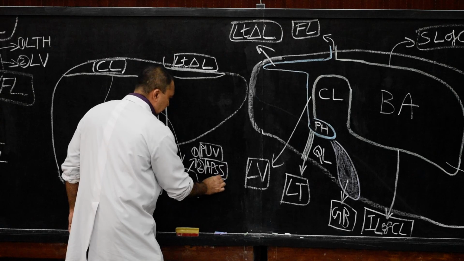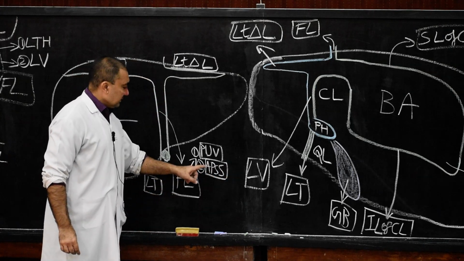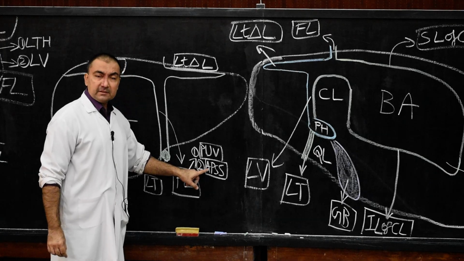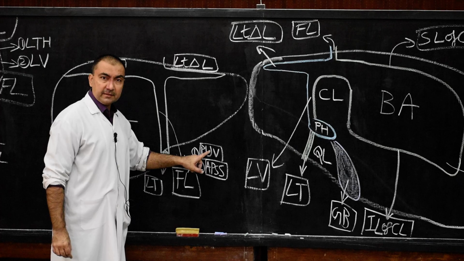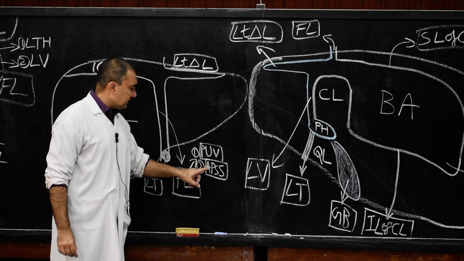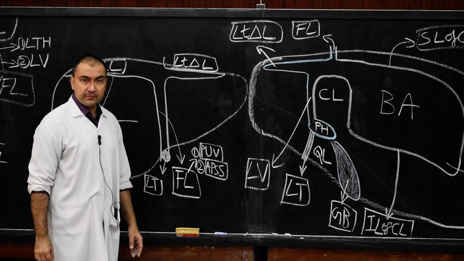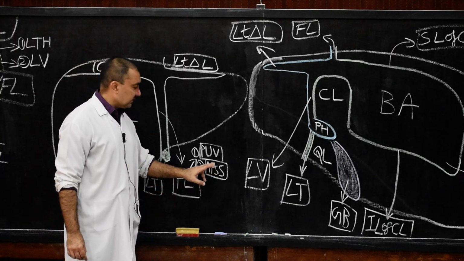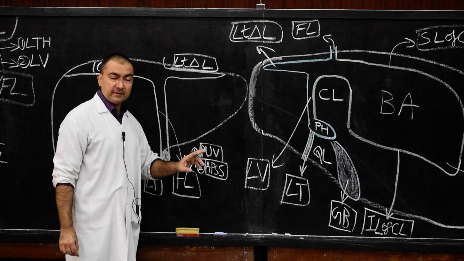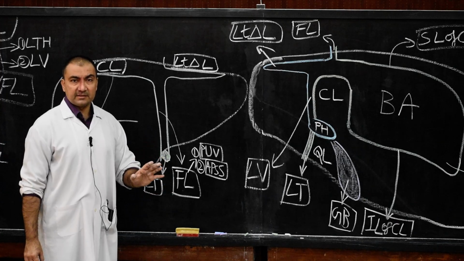This accessory portal system will connect the left branch of portal vein, that is the para-umbilical vein, with the diaphragmatic veins. Therefore, the accessory portal system of Sappey, where it connects the para-umbilical veins with diaphragmatic veins, will function as a portosystemic anastomosis.